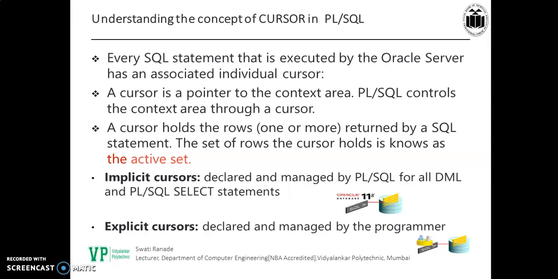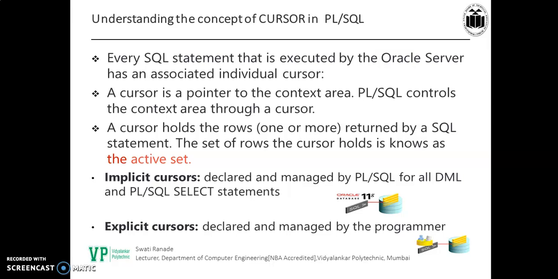We can apply the same attributes to explicit cursors also, and explicit cursors are declared and managed by the programmer. This type of cursors are named cursors, so the programmer can easily control and manage them, and can avoid runtime errors, that is exceptions, by using explicit cursors.